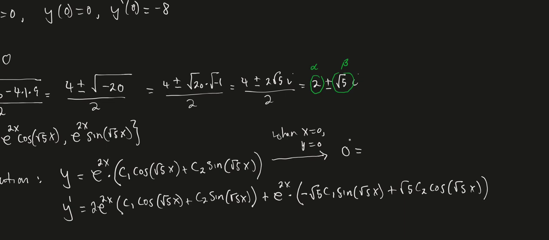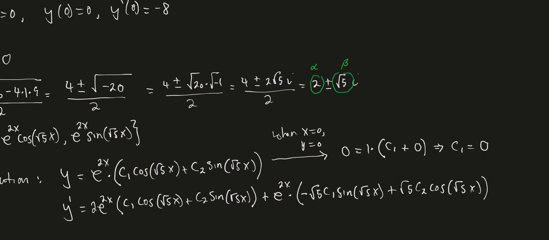E to the 0 we know is 1. And then the quantity, the cosine of 0 is 1, so I have c1 there. And then the sine of 0 is 0, so it eliminates the c2, so it ends up like this. So this just tells me that c1 is equal to 0.